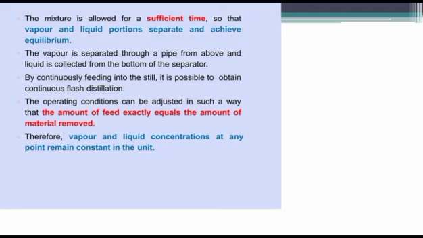The mixture is allowed sufficient time so that the vapor and liquid portions separate and achieve equilibrium. The operating conditions can be adjusted in such a way that the amount of the feed exactly equals the amount of the material removed. Therefore, vapor and liquid concentrations at any point remain constant in the unit.